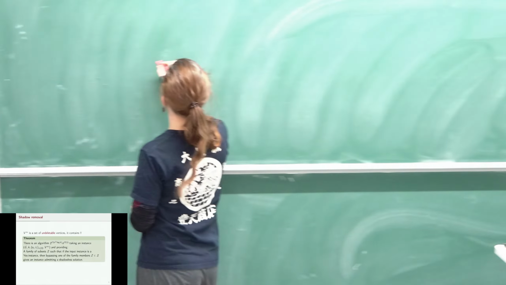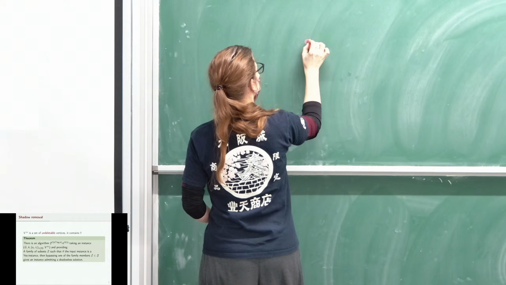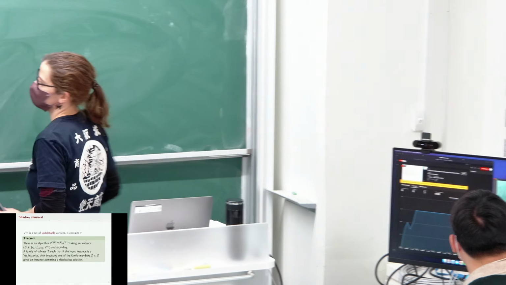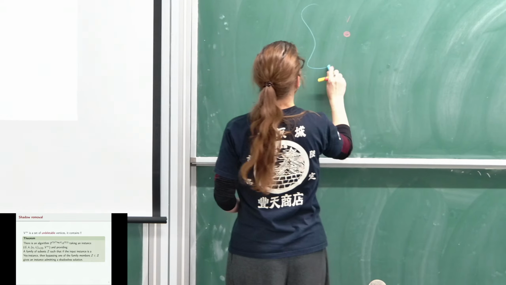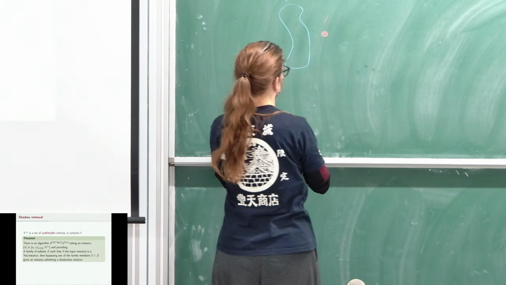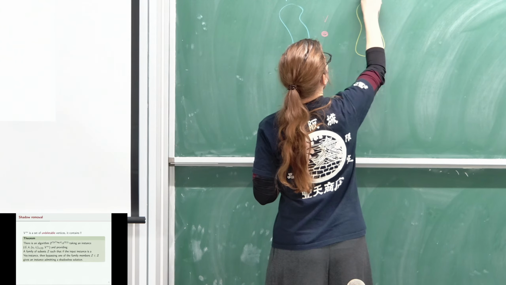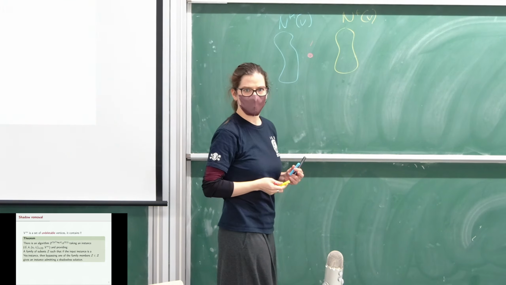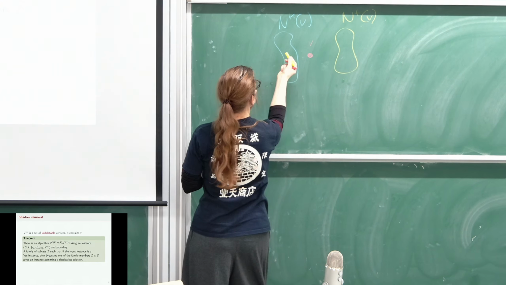If I want to bypass a vertex V, I look at its in neighborhood and its out neighborhood.